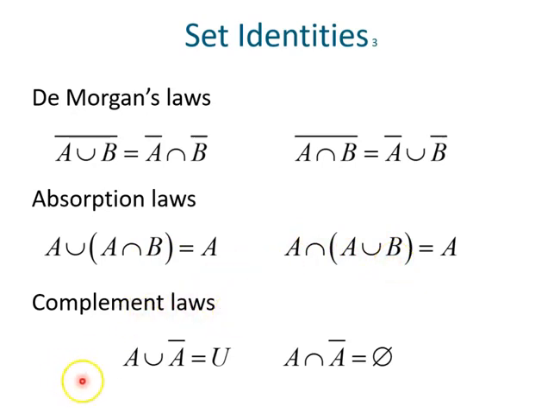Complement laws: the union of A and its complement is the universal set. The intersection of A and its complement is the empty set. To each of these set identities, we have a corresponding identity of propositional logic.